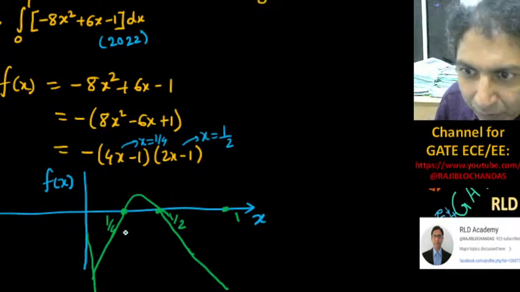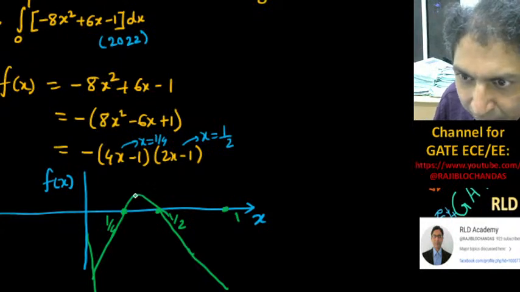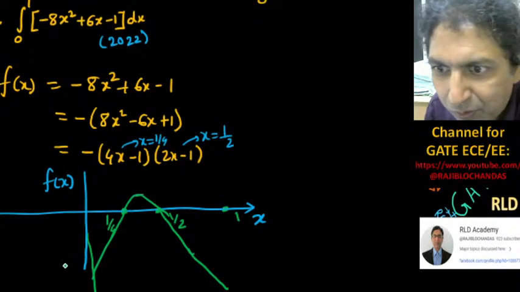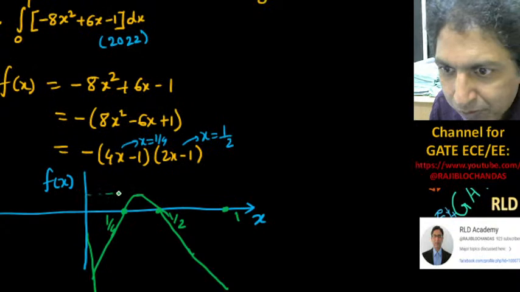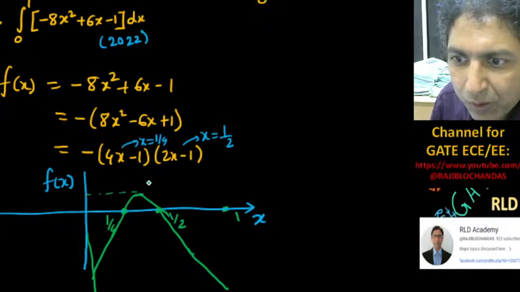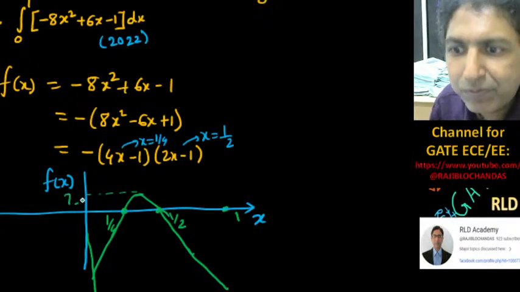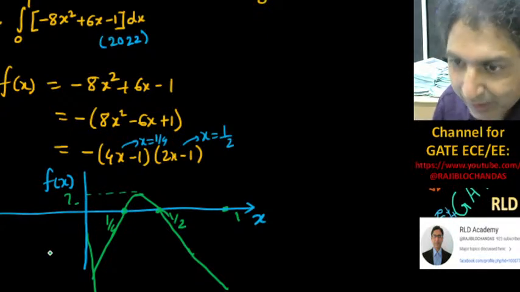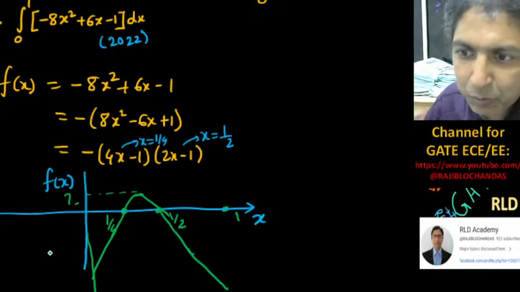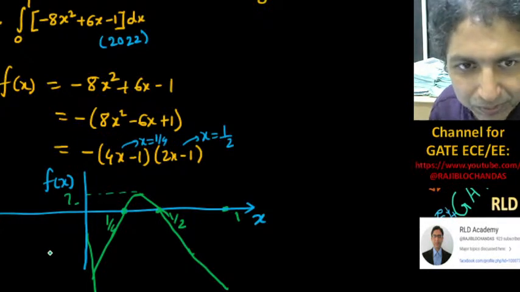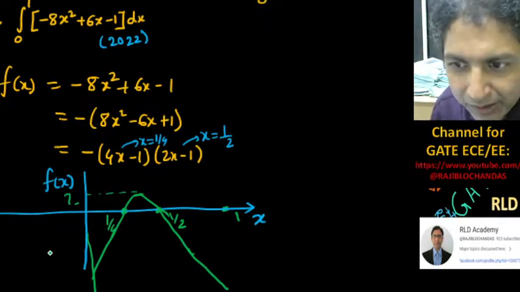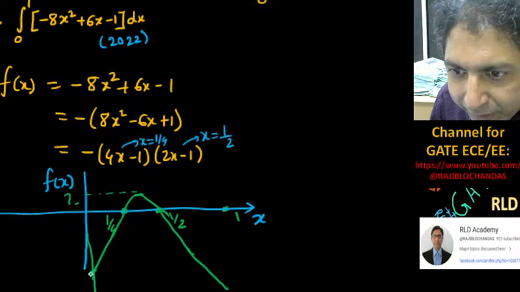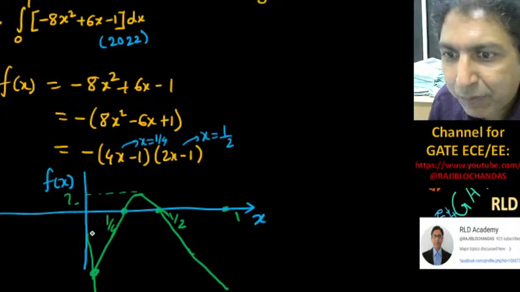Now you can find out the maximum value. What is the maximum? That you need to find out. If the maximum value is more than 1, I need to take care. I just need to understand whether it is more than 1 or not. So what is the value? Now can you find out what is the value here, at 0, f of 0?